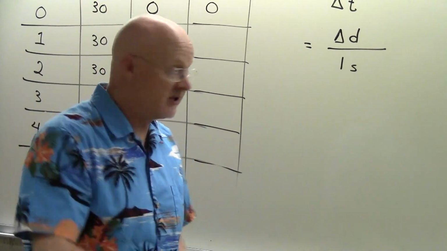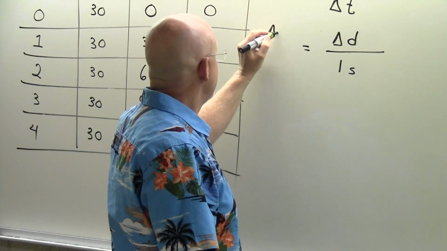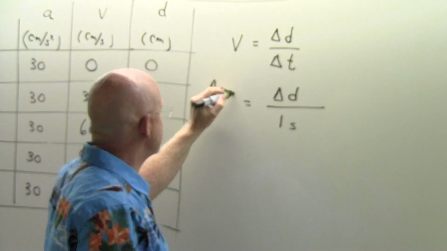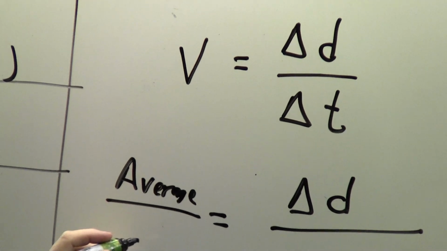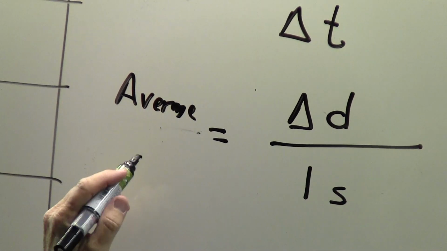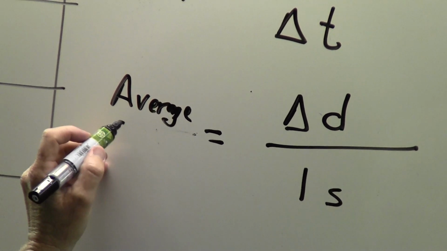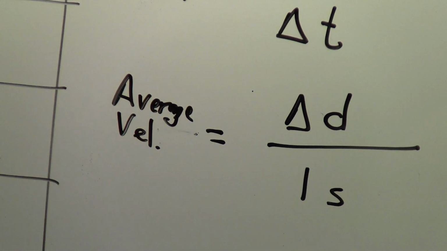And so I want to emphasize, if you're going to use the whole distance from here to here, I didn't give myself enough room here, average velocity, I think I can squeeze it in there.